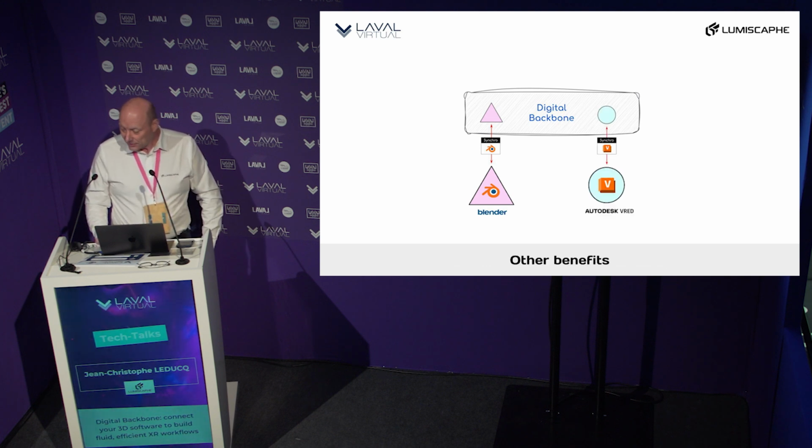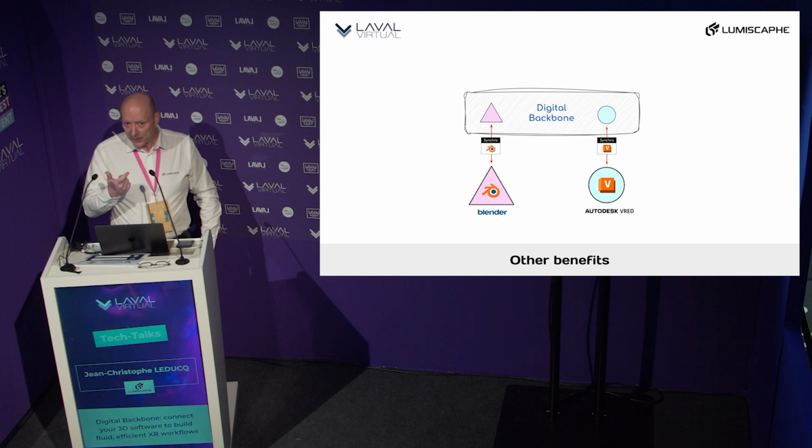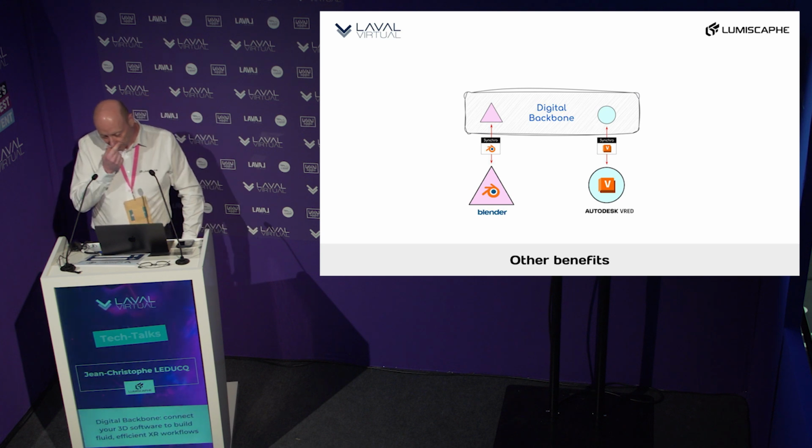And we can do the same for another software. For example, for VRED, we copy the VRED core data in the digital backbone without any bias also. It may be a full copy, if it's possible, or a subset of the global data set of the application.